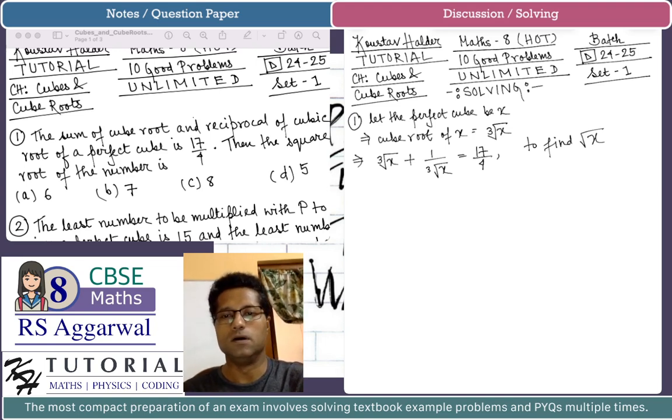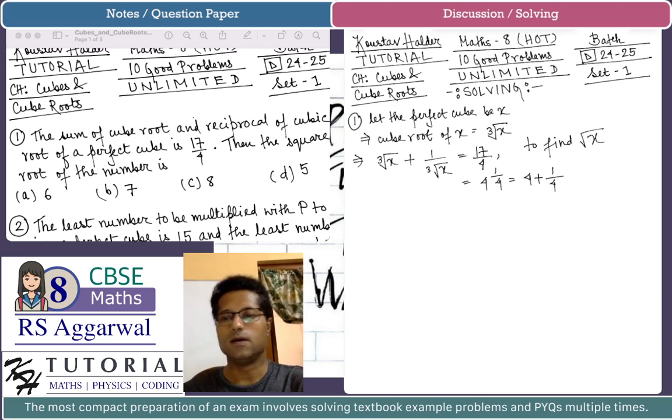Now in this kind of problem, you always first try to see whether you can express the right hand side given rational number. You can see that the rational number on the right hand side is an improper fraction, and when we convert it into a mixed fraction, we get 4 and 1 by 4, which is equal to 4 plus 1 by 4.